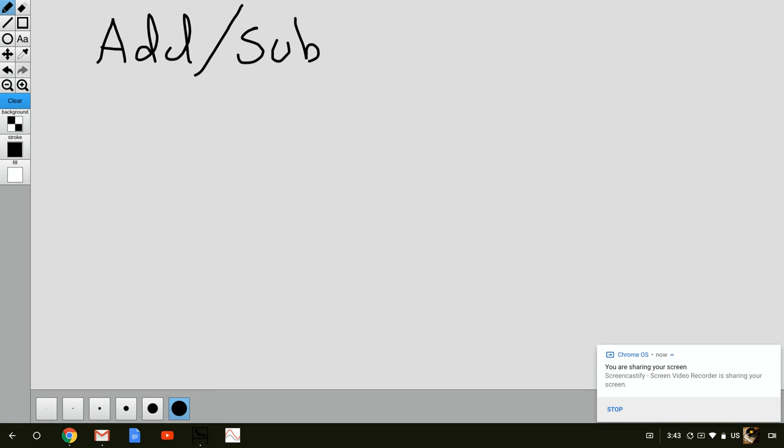All right, so this is going to be the tutorial over the rules for calculations with significant figures. The big one here is the addition-subtraction rule. It is generally the one that's confused.